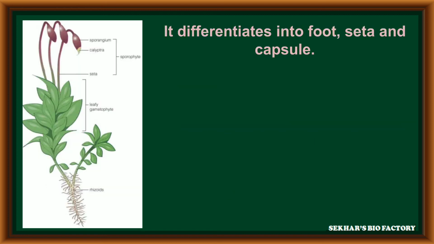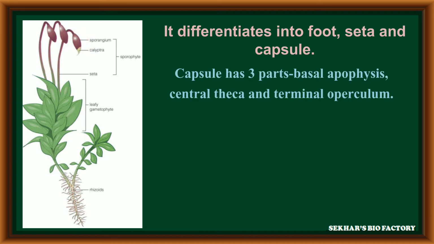In the structure of this sporophyte or sporogonium, there are three important parts: foot, seta and capsule. The capsule contains three parts: basal apophysis, central theca, and terminal operculum.